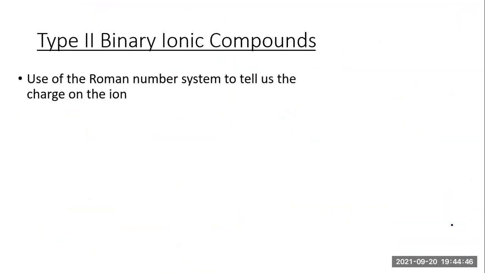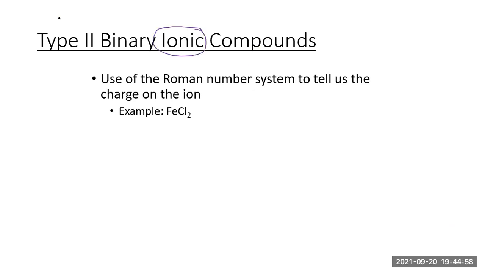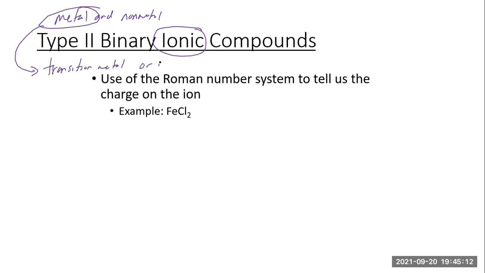All right, then that brings us to type 2 compounds, and type 2 compounds are a little bit different. Type 2 compounds are ionic compounds as well. They still have a metal and a non-metal, and it is still the metal that's really important here. The metal, though, is going to be a transition metal, or just to the right underneath the staircase, where we have things like lead, tin, in that general area.